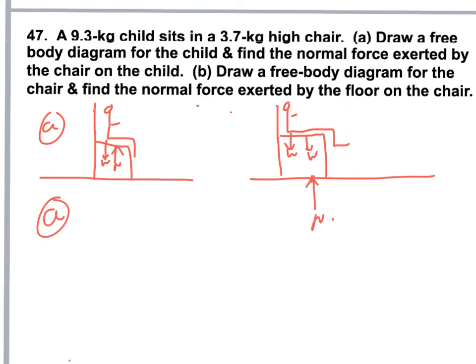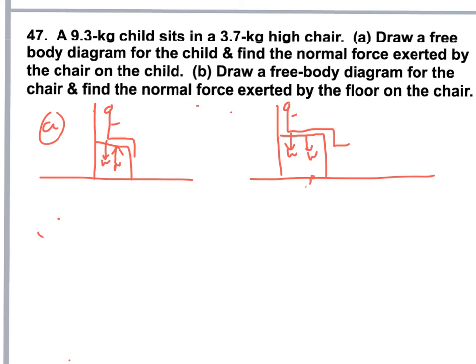So for A, we want the summation of our forces in the y direction, and we're going to set it equal to F equals ma again. So our forces are the normal force for the chair minus the weight of the child. Let me erase all this and start over and write that a little neater.